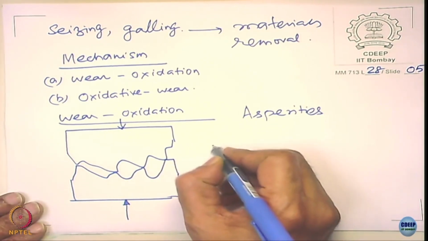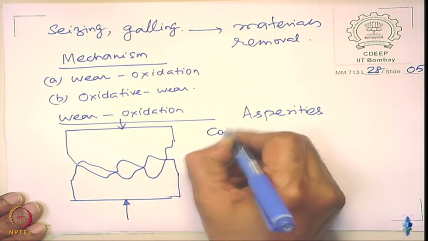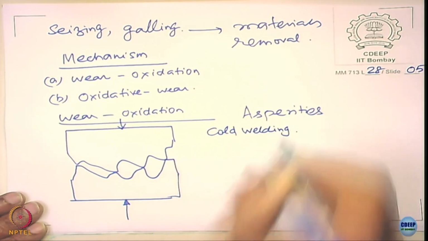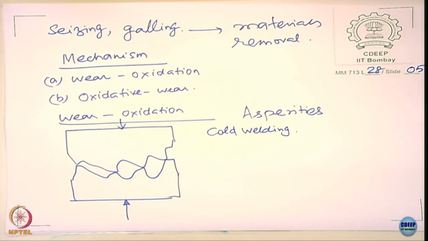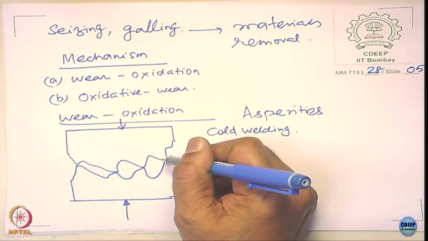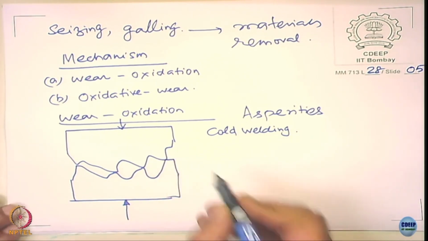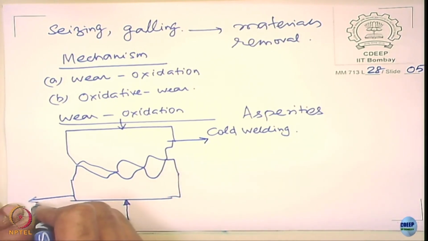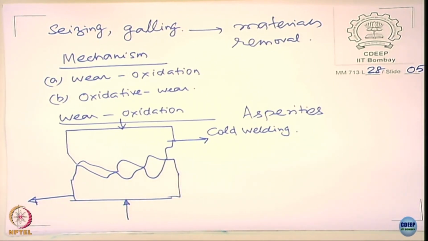What happens? It leads to cold welding. They weld each other. Some kind of local fusion takes place between these two surfaces. And you apply a shear load onto this.